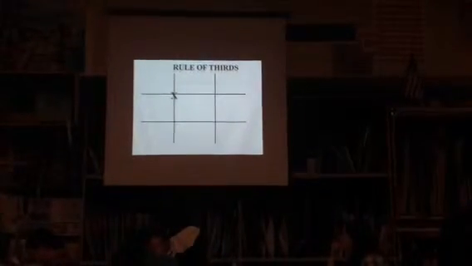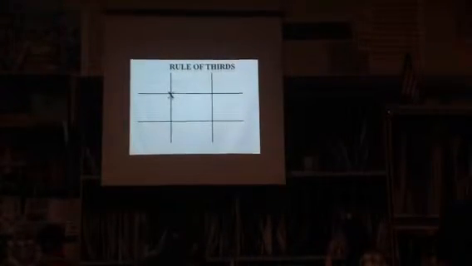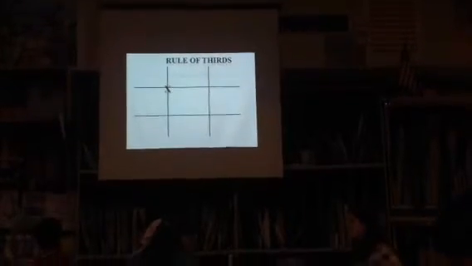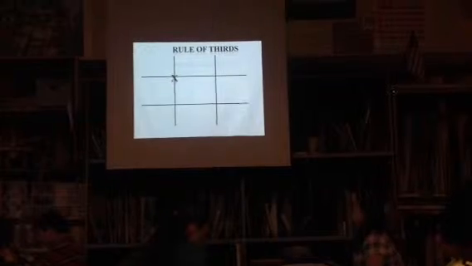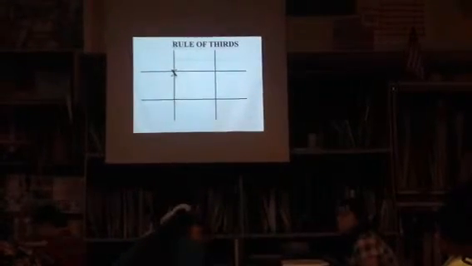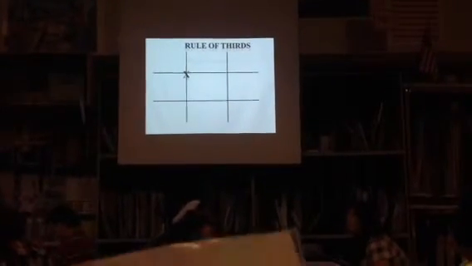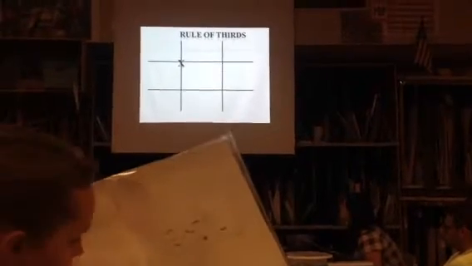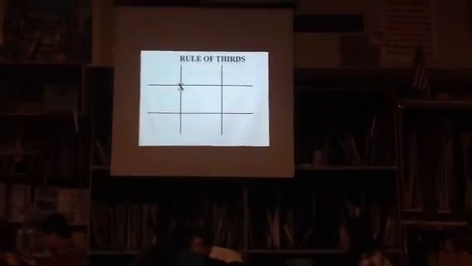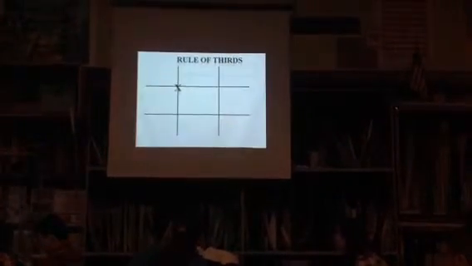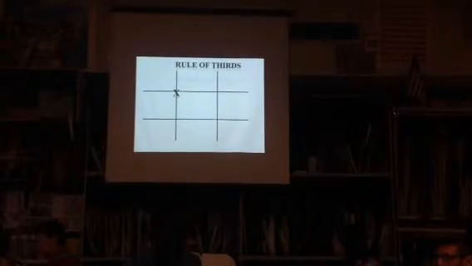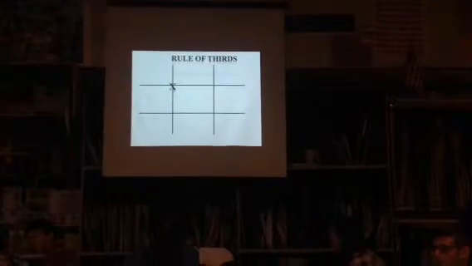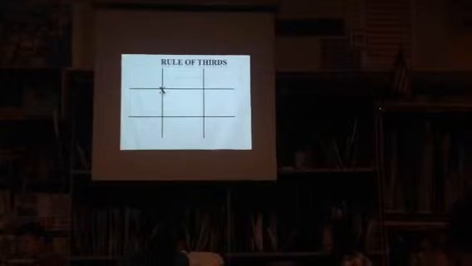And what it is you divide the paper into thirds in both directions. That's why it's called the rule of thirds. But the other way you do it is you just put a tic-tac-toe on top of your design, and any place that the lines intersect is a good place to put your focal point. Now, if you weren't taught this, you would probably put the focal point in the middle. And it happens all the time.